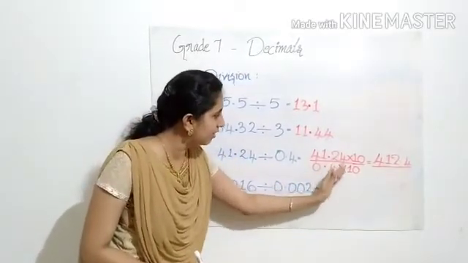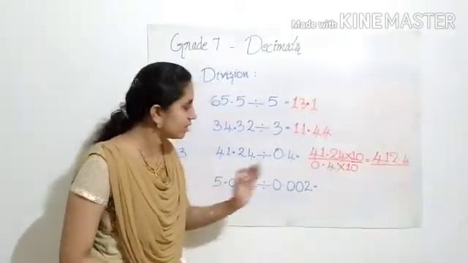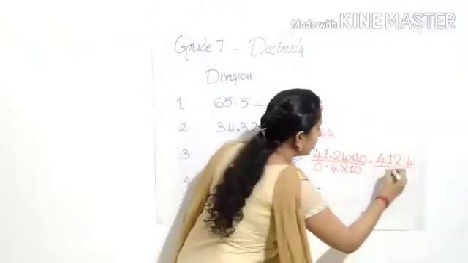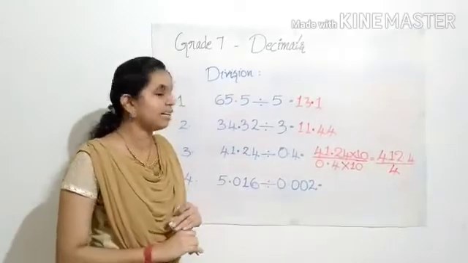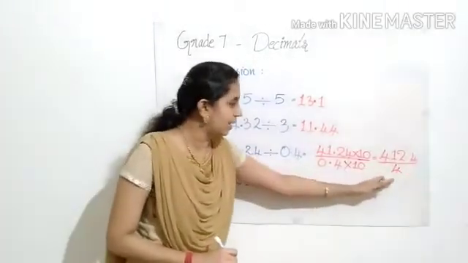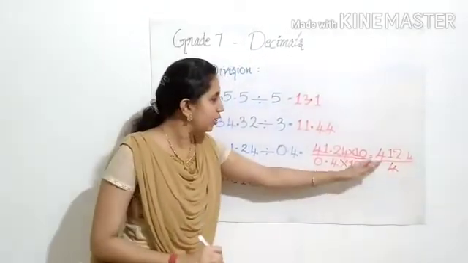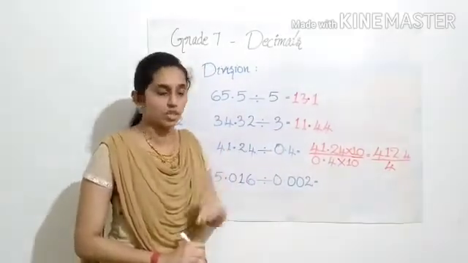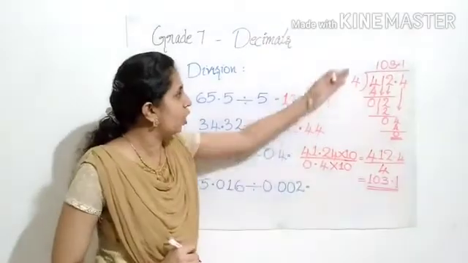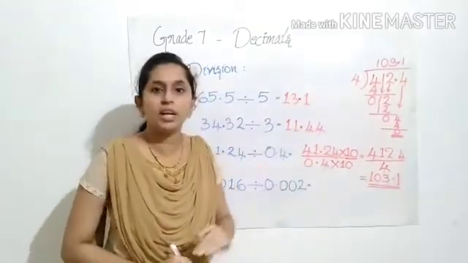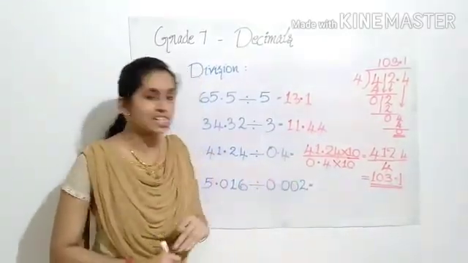That means the decimal will reach after 4. That means 0.4 into 10 equals 4. Just 4. Okay. Now we have got rid of that decimal point. Now the denominator or divisor is okay. You can directly go for the division. Let's see what answer we get. On dividing, we got the answer as 103.1. Let's see the next question also.